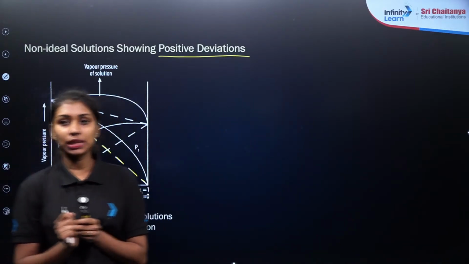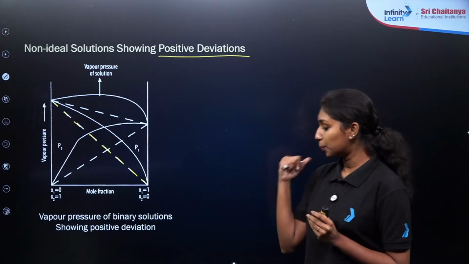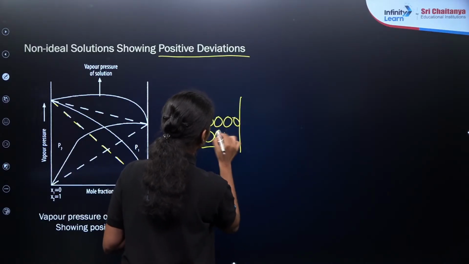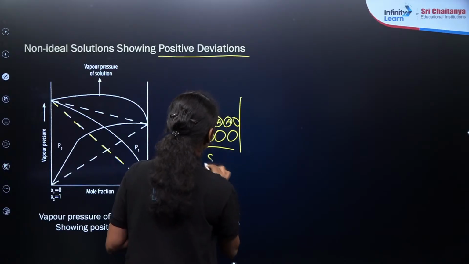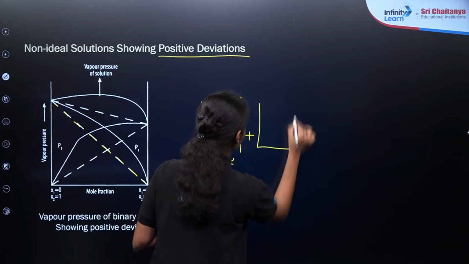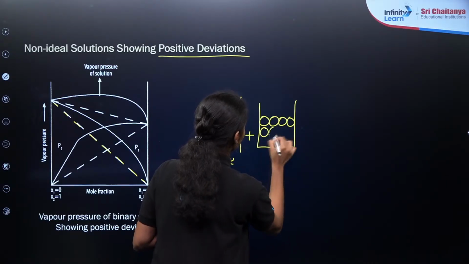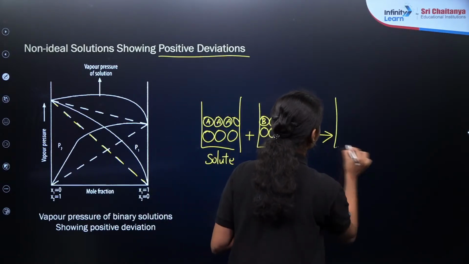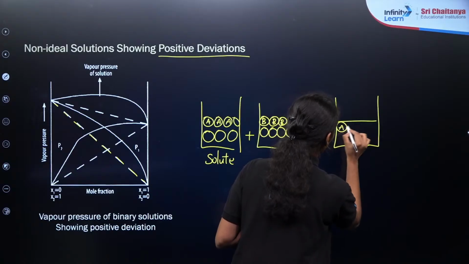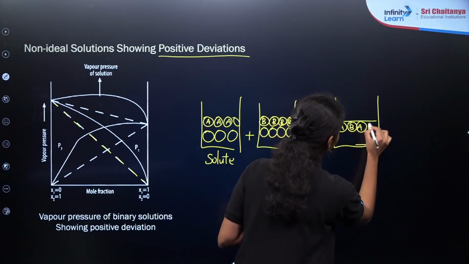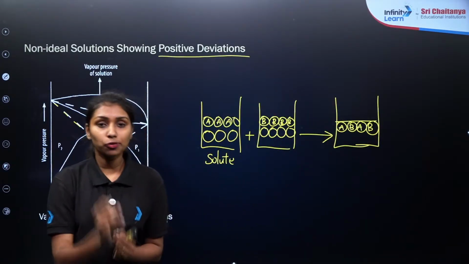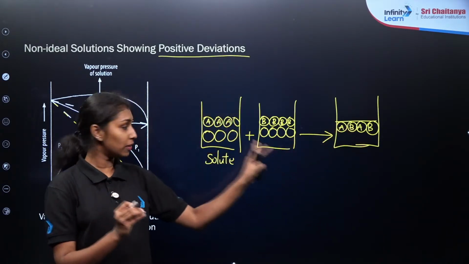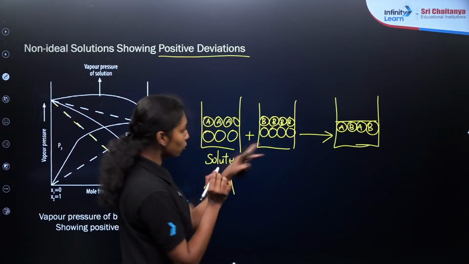Let's say Raoult's law is applicable to the liquid solution. If you are combining the two components A and B, the solution will form by the combination of A and B. If we talk about the intermolecular forces of attraction here, there will be forces of attraction between the solute molecules, AA, as well as the solvent molecules, BB.